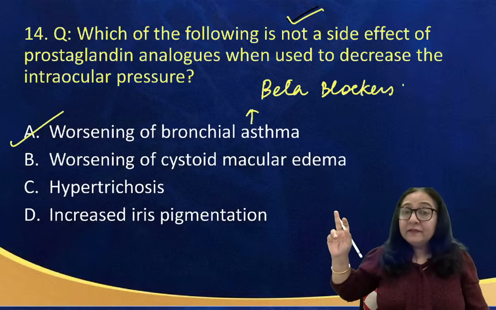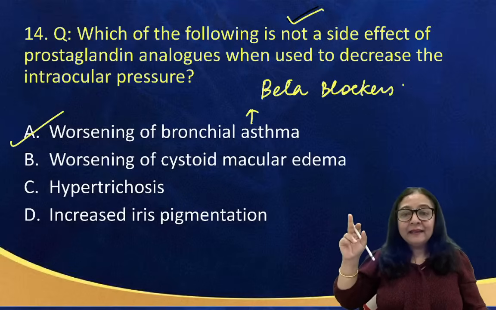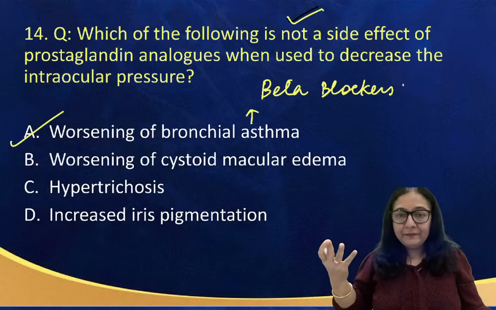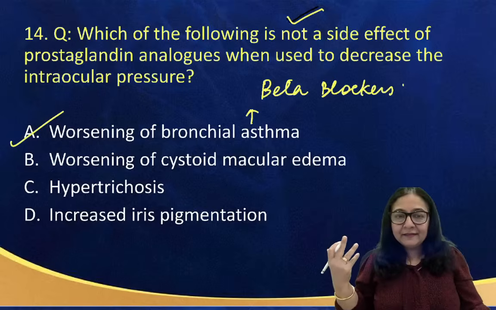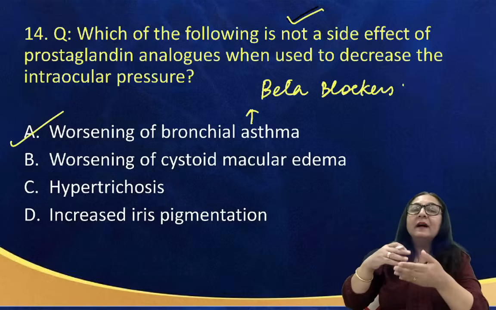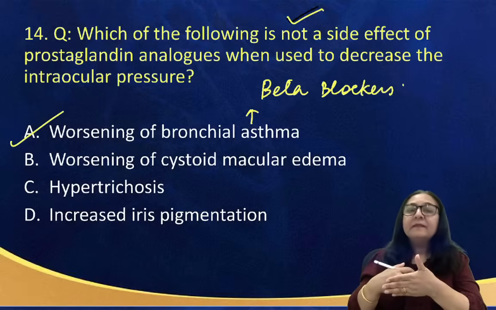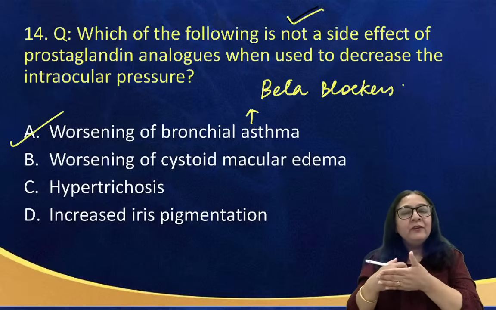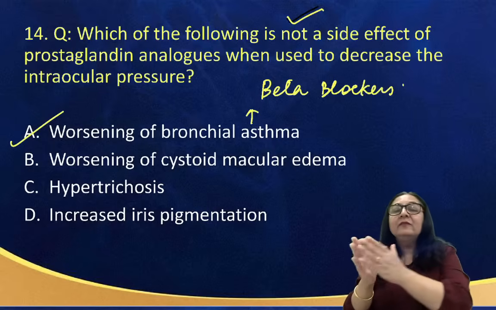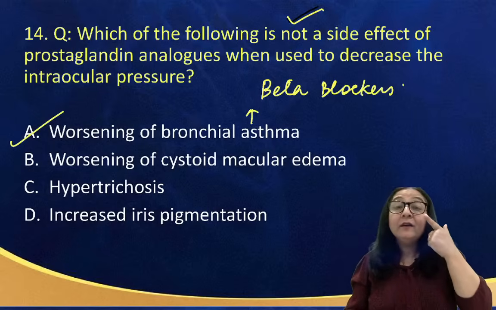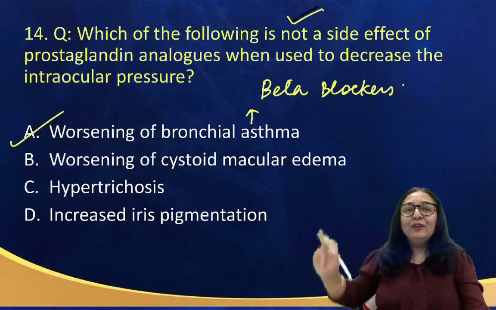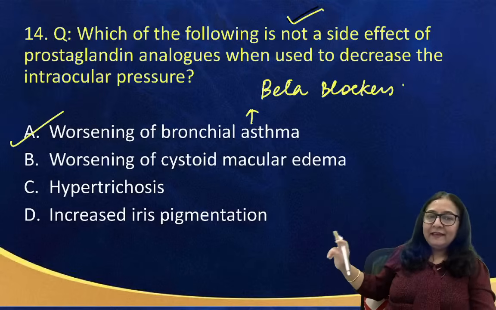Then worsening of cystoid macular edema. So prostaglandin analogs, they are inflammatory mediators, prostaglandins in the body. So if there is macular edema, they can worsen it. They can even cause cystoid macular edema. So that's why we do not give these agents when there is uveitis. They can cause uveitis as well. Okay? So B, C, D are the side effects.